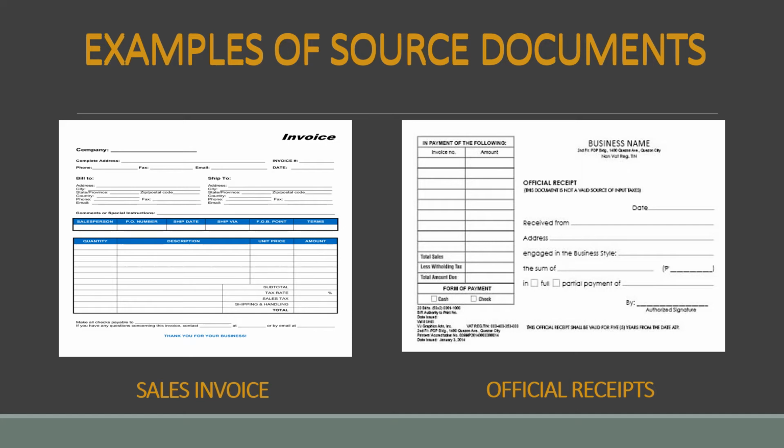As proof na nagbayad ka ng goods, or as proof na nagkaroon ng sales ng goods, yung sales invoice ang in-issue. Kung ikaw yung nagbenta, mag-i-issue ka ng sales invoices as proof na nagkaroon ng sales transactions, and as proof na si customer is pwedeng nagbayad na.